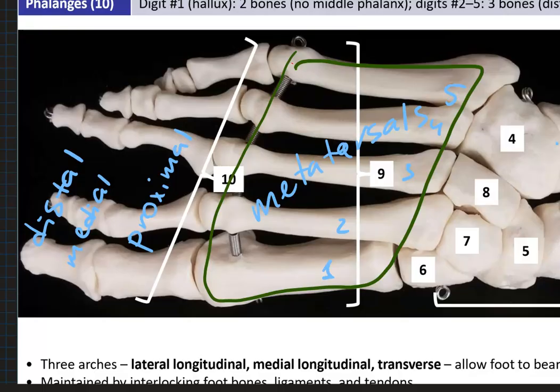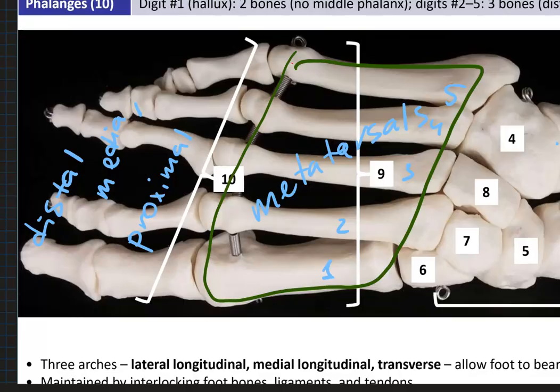So far, does that make sense? Now, I misplaced medial because the big toe does not have a medial phalanx. Any questions on the numbering?